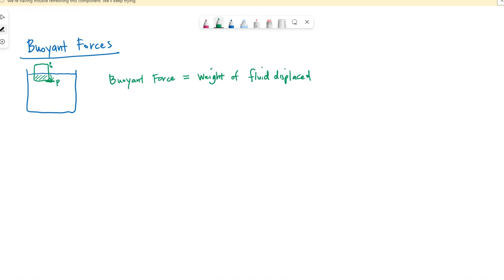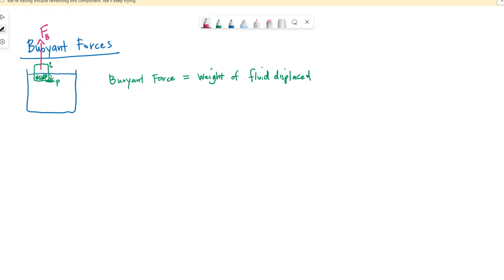So in my picture, my little green box, that bottom part of the box that I've scribbled out is now located in a region of space where water used to be. And so what this Archimedes' principle is telling me is there is an upward buoyancy force.